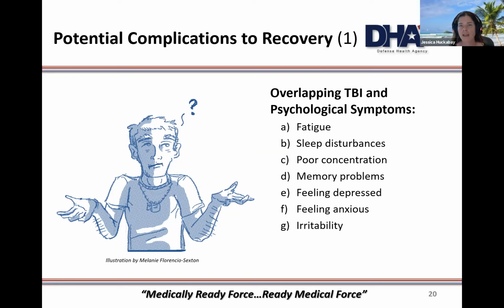Those are all overlapping symptoms of PTSD, post-traumatic stress disorder, and TBI, or traumatic brain injury. So notice that the concussion symptoms include many more physical complaints. So physical rest is key to concussion recovery, with that stepped approach to getting back to your normal activities.